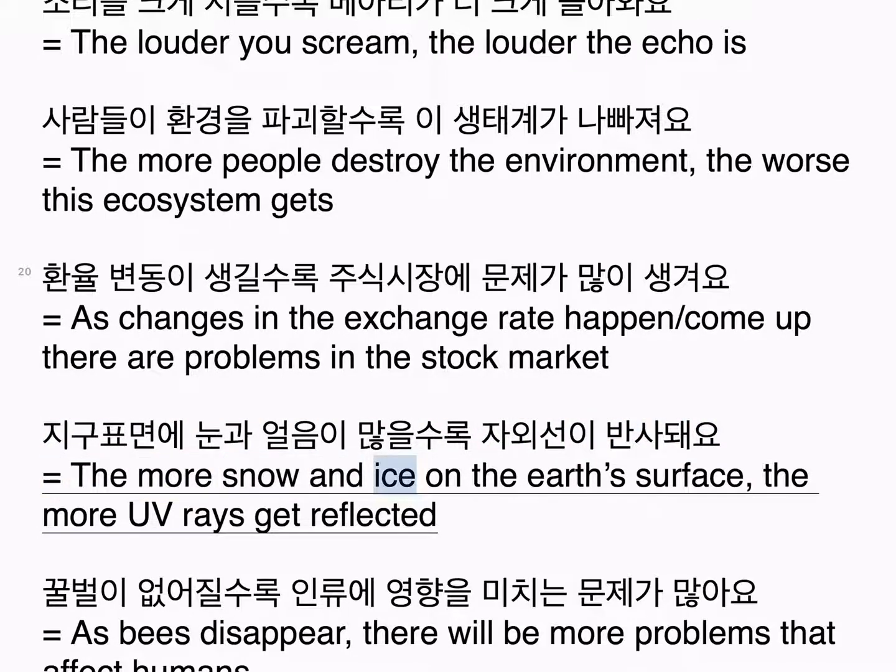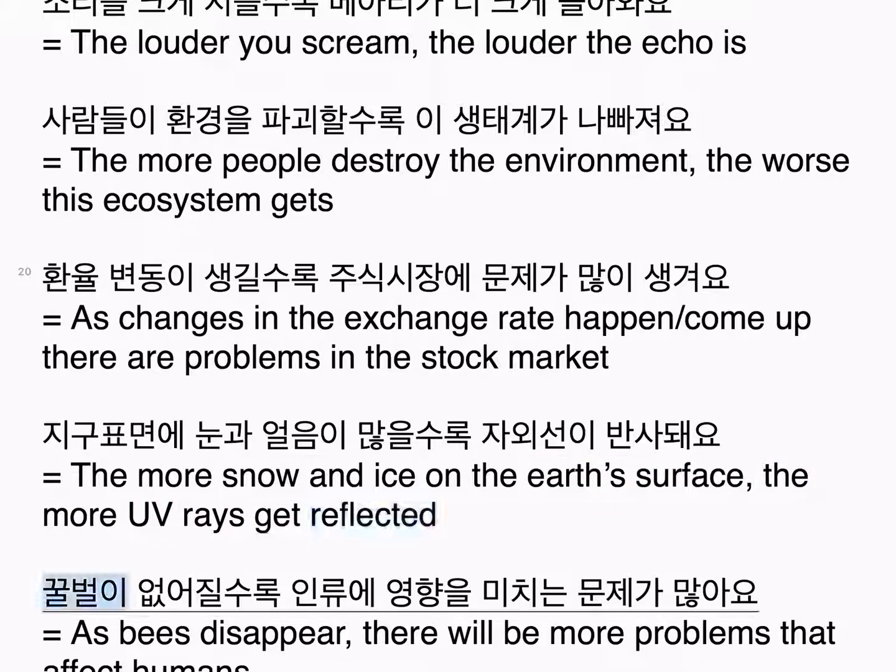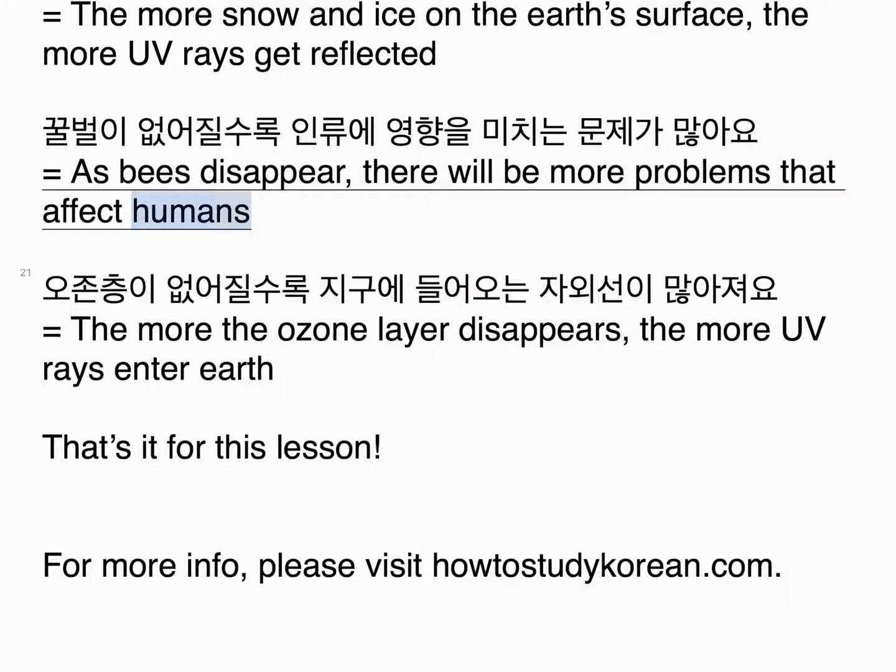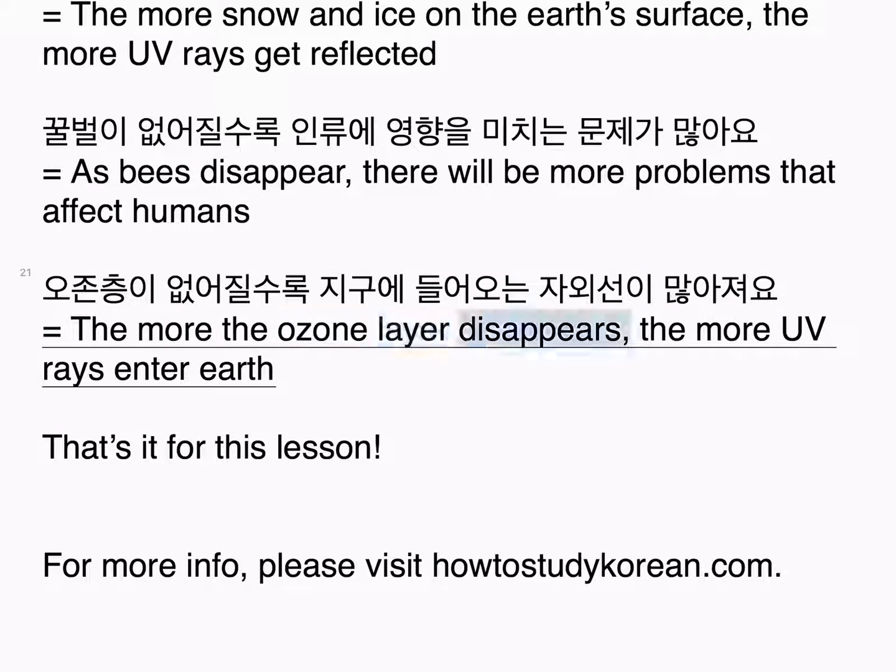The more snow and ice on the Earth's surface, the more UV rays get reflected. 꿀벌이 없어질수록 인류에 영향을 미치는 문제가 많아요. As bees disappear, there will be more problems that affect humans. 오존층이 없어질수록 지구에 들어오는 자외선이 많아져요. The more the ozone layer disappears, the more UV rays enter Earth.